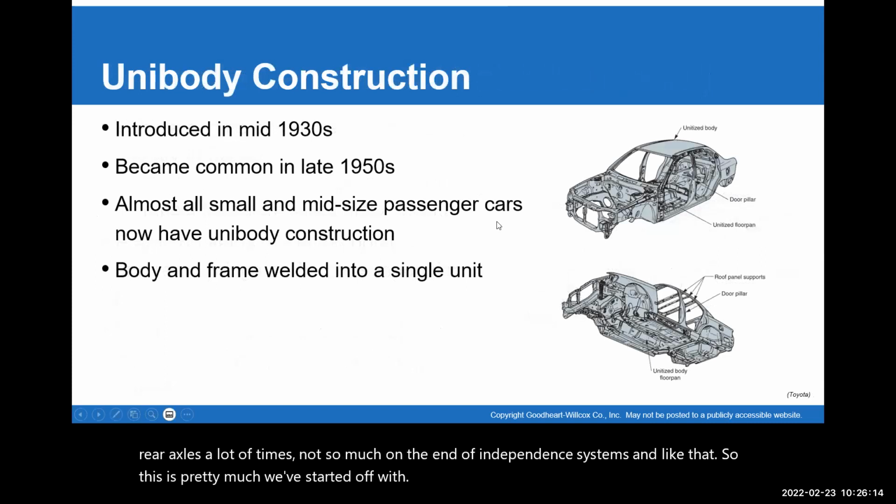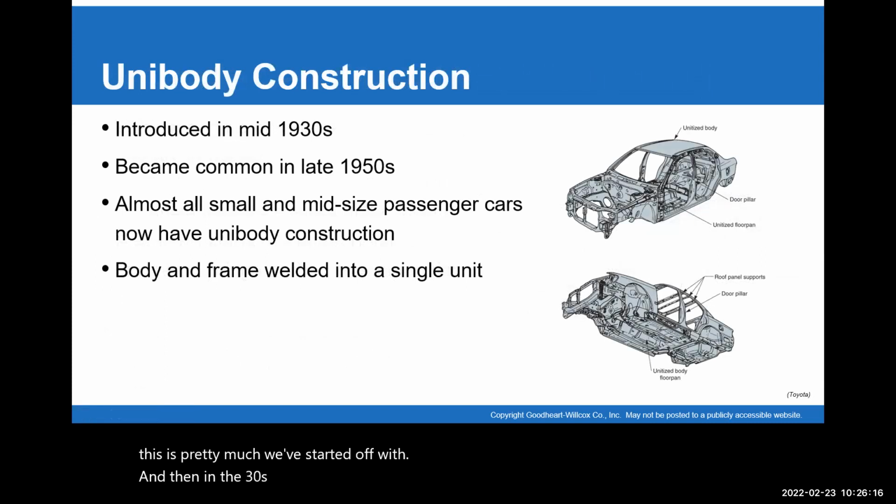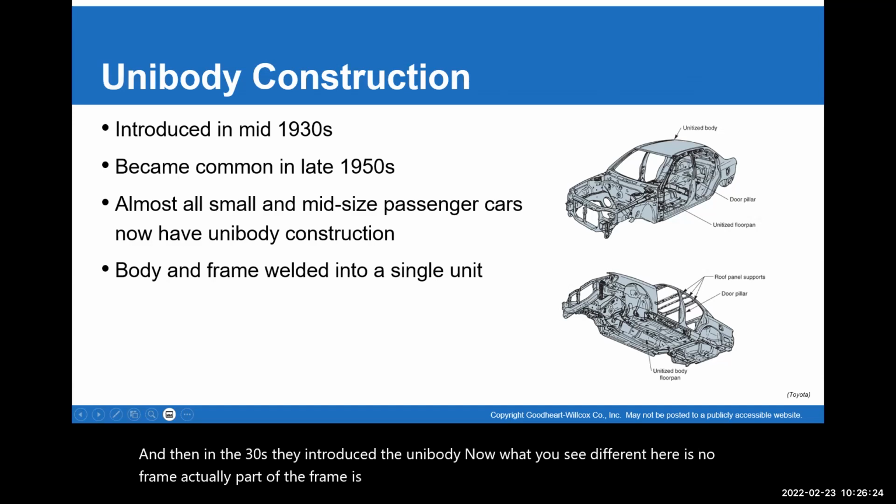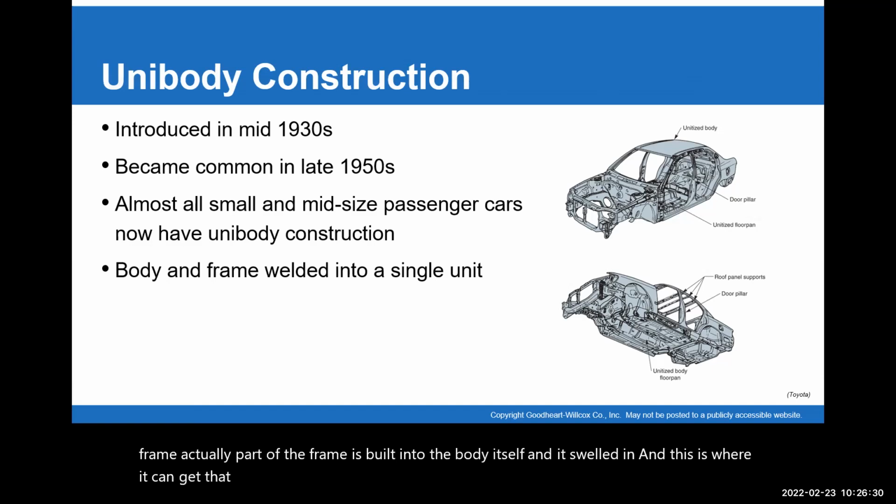And then in the 30s, they introduced the unibody. Now, what you see different here is no frame. Actually, part of the frame is built into the body itself, and it's welded in, and this is where it can get that crumpling, so when you go in a crash, you can actually move the body to keep some of the energy away from the human body.